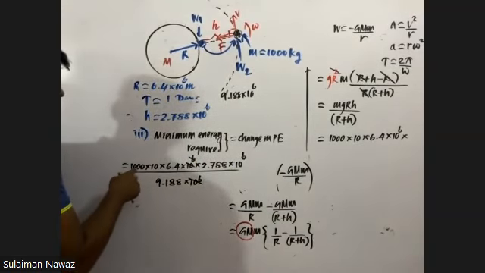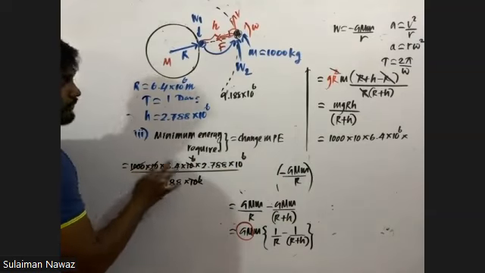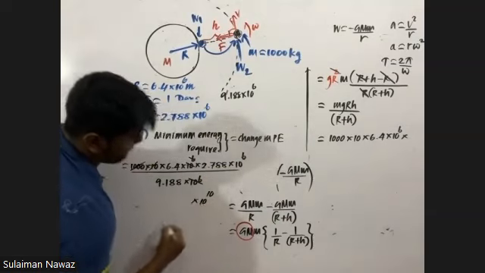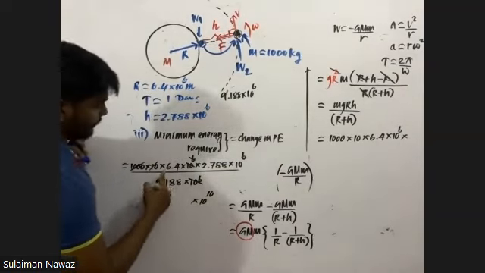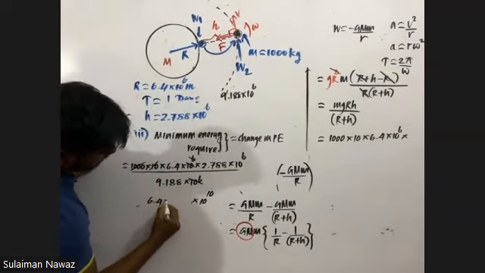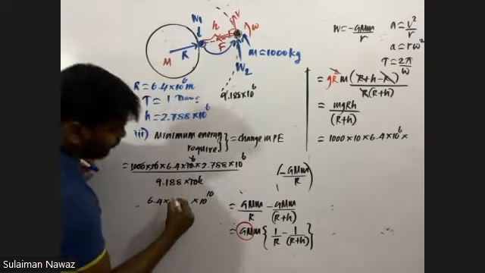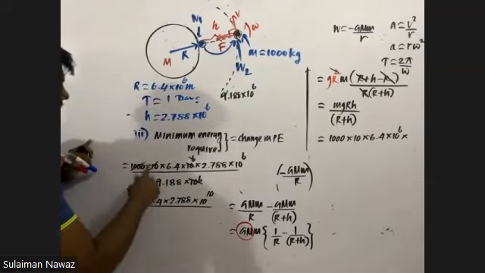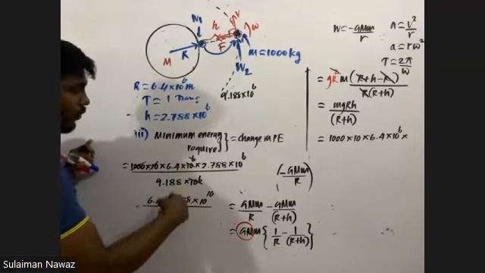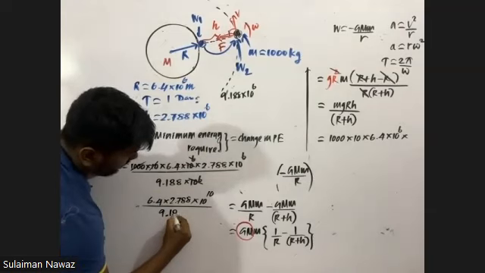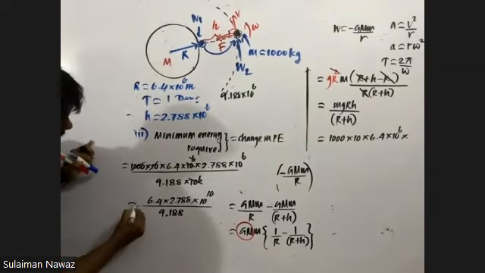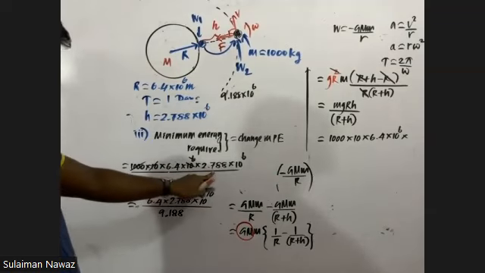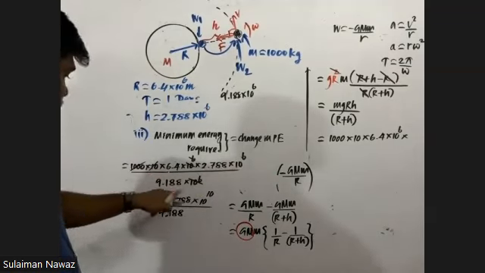Then here 10^4 and 10^4, and 10^10 and 10^10. Then we can write down 6.4 into 2.788, over 9.188, with the power 6.